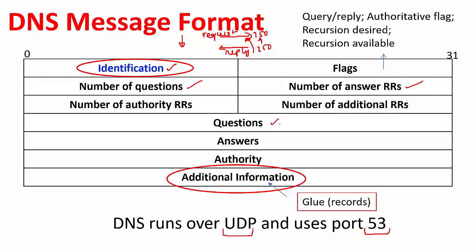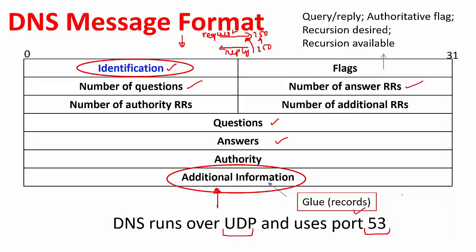So here are all the questions that you are asking. This will be part of the request. The answers that are being provided will be part of the replies. And this is again something important which we are going to see again. You also often provide additional information in the form of glue records.